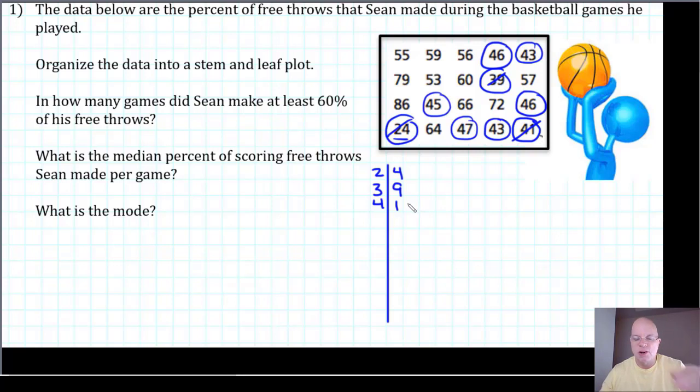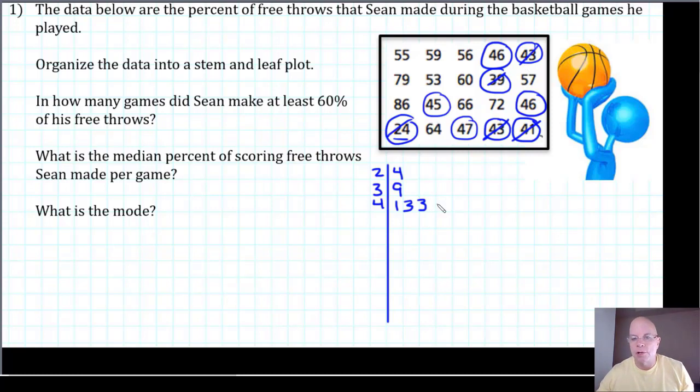Now, resist the urge to place a comma between these digits. That's not the convention. You don't need any commas, semicolons. You just need to put two 3s, because that tells the viewer that you have a 43 and another 43. Each one of these leaves indicates another piece of data, so there's no reason to separate them with commas.